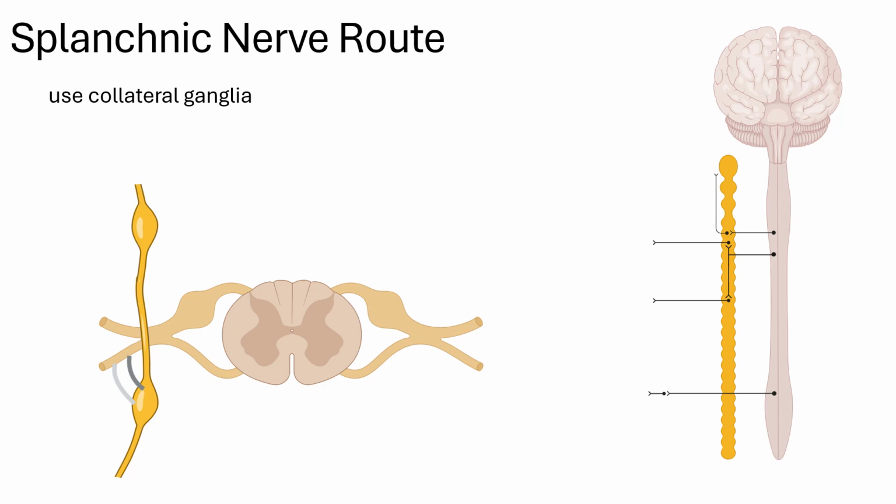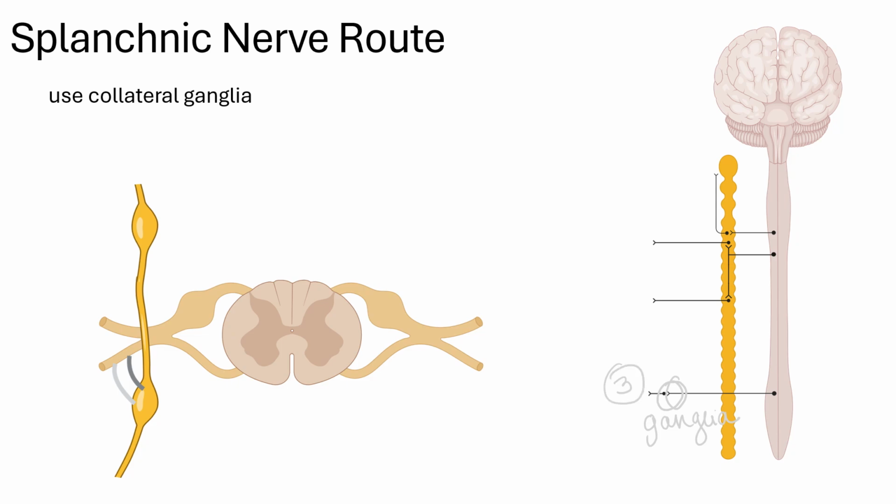And the third way, called the splanchnic nerve route, is when a preganglionic fiber synapses with a postganglionic fiber using a collateral ganglia. And that's what we have here. This is a synapse area that is not in the sympathetic chain ganglia. It is much further out.